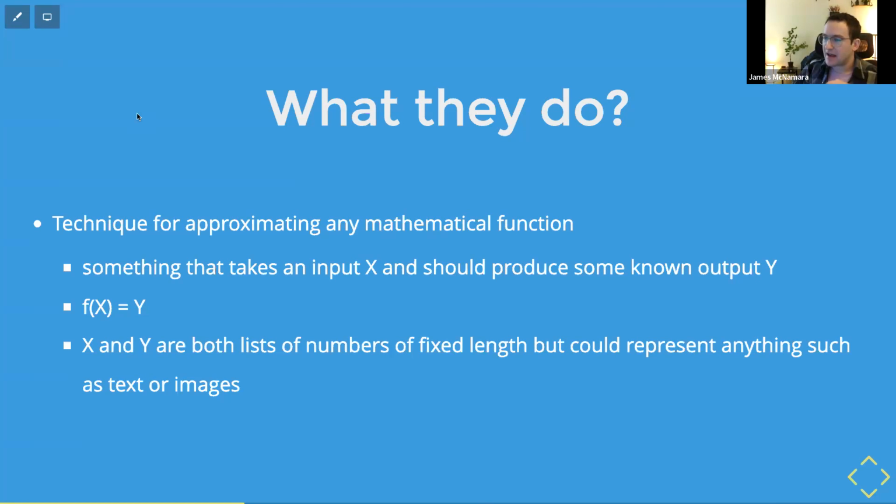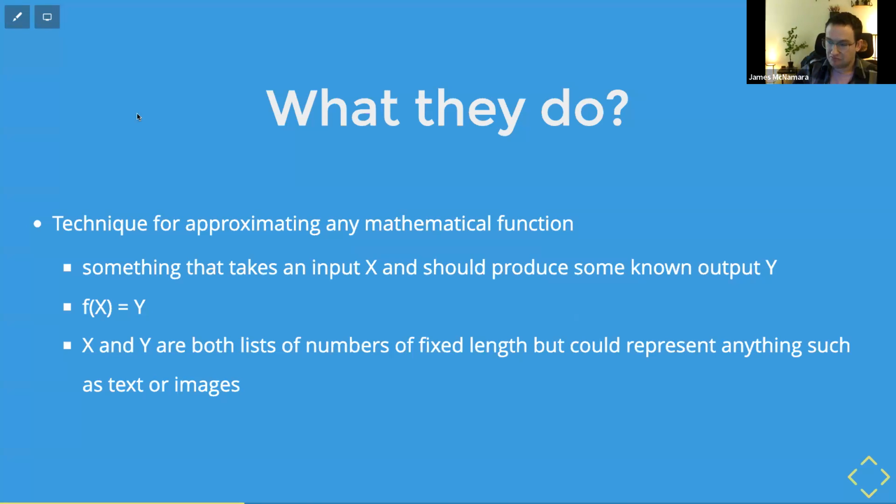So by that, I mean like f of x equals y, where x and y are just lists of numbers. And any function that can be represented as give me a list of numbers as an input, and I'll give you a list of numbers as an output, can be represented using a neural network and can be approximated using a neural network.